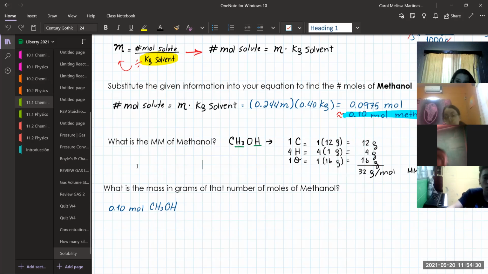So I say, in 1 mole of methanol, I have a molar mass of 32 grams of methanol. This allows me to cancel moles of methanol with moles of methanol, and this gives you 3.2 grams of methanol.